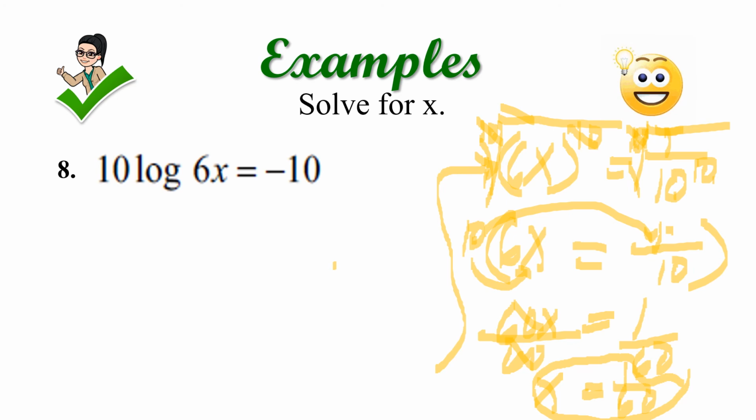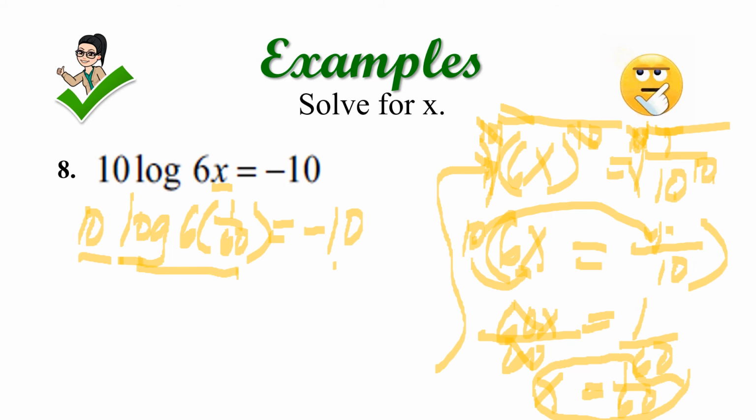So copy 10, copy logarithm, copy 6, replace x with 1 over 60 equals negative 10. We have to expect that all of this will become negative 10 so that it's equal to the number on the right, which is also negative 10.